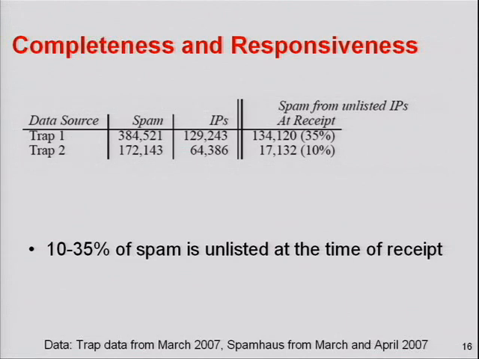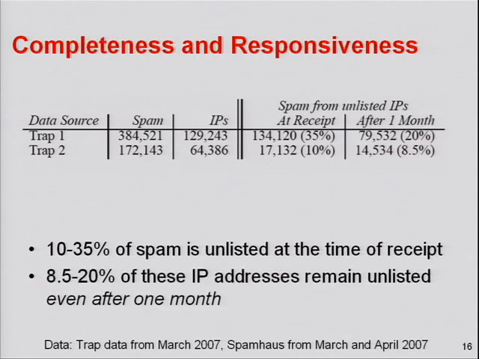We looked at the fraction of spam that was coming from unlisted IP addresses at the time of receipt, at the time it actually came to the trap. In the case of the first trap, it was something like 35% of the spam that was hitting the trap that was not listed in Spamhaus. In the other case, it was only about 10%. Still a fairly significant amount when you consider that you'd like none of this to be hitting your inbox.